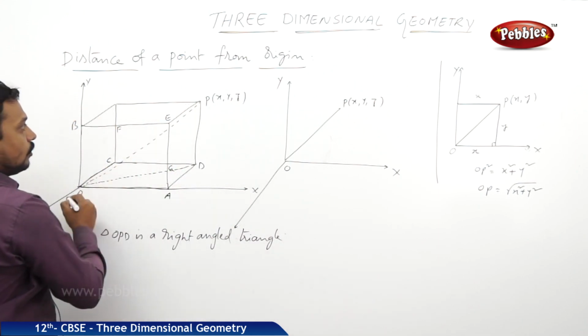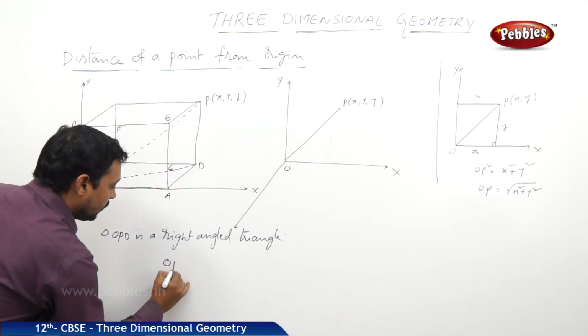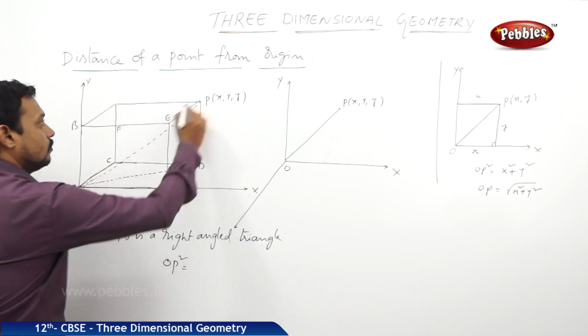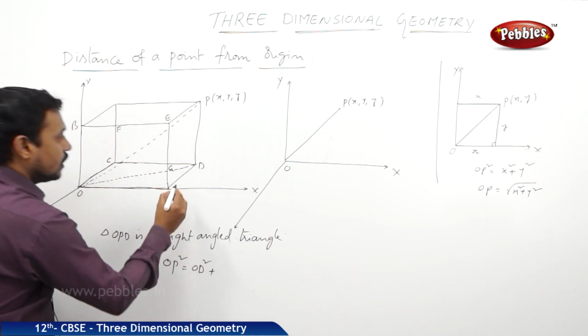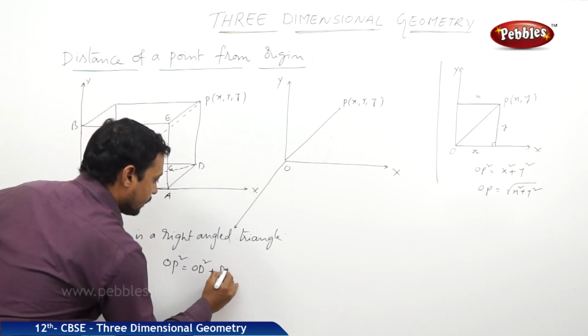Hence, from this right angle triangle, OP square is equal to OD square plus DP square.